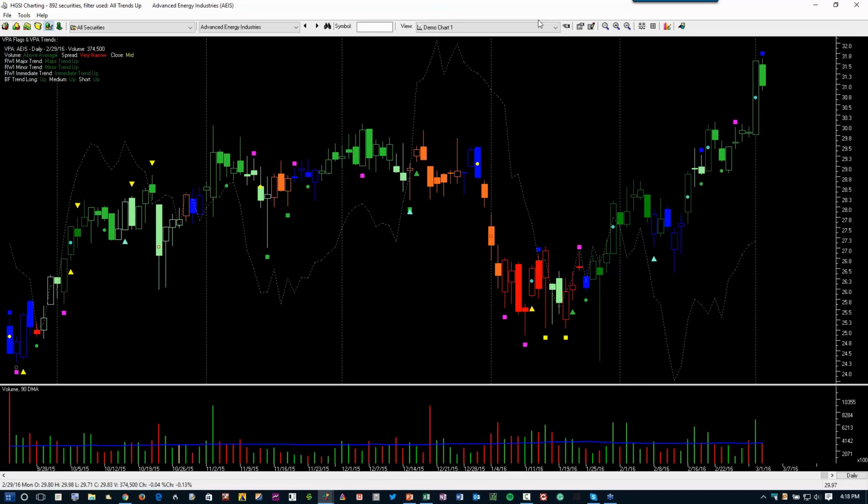Now, one thing to watch out for: not only would the signals be updated intraday, this group line would be updated, and if I ran that, maybe the group turned down today. I don't know. I won't know until tonight if I come back and look at this stock. But if you have an SSD drive, a solid state drive, it doesn't take very long to do this. If you have a regular drive, it takes too long to run an intraday update, so I don't suggest that you do it.